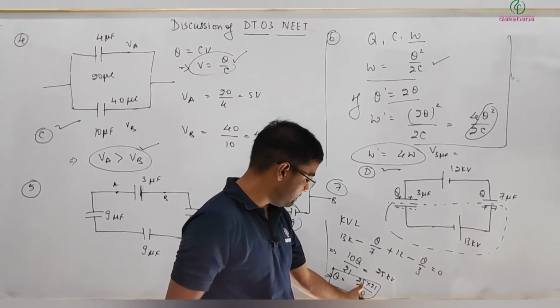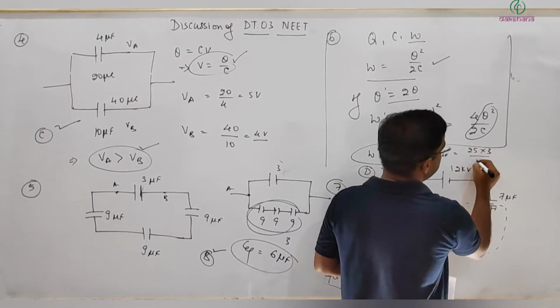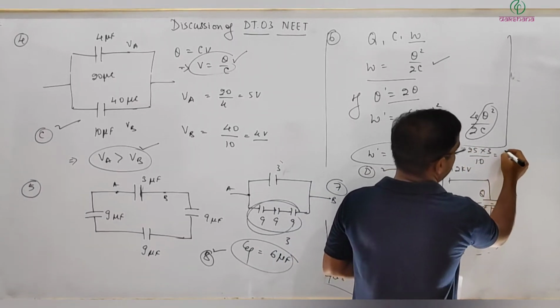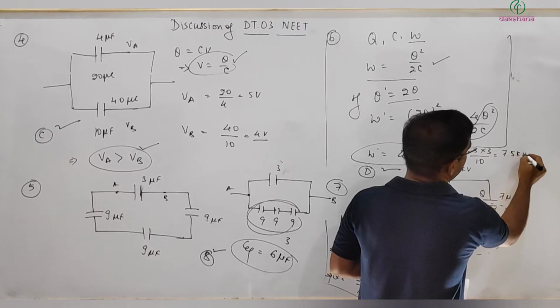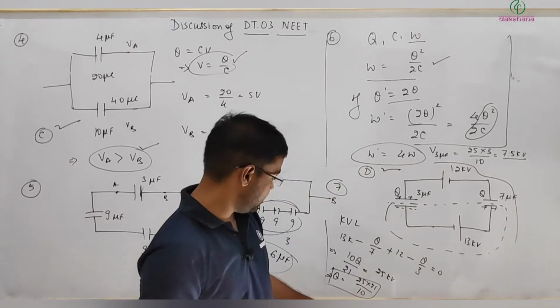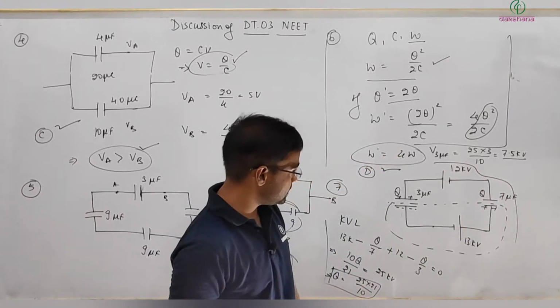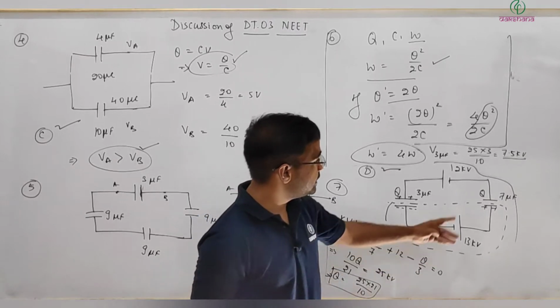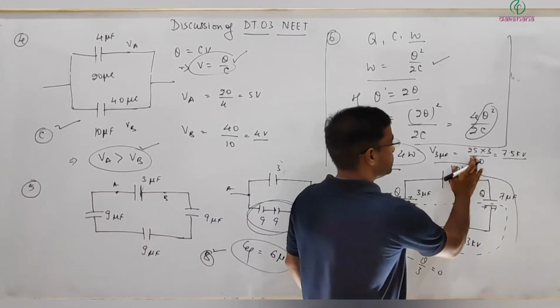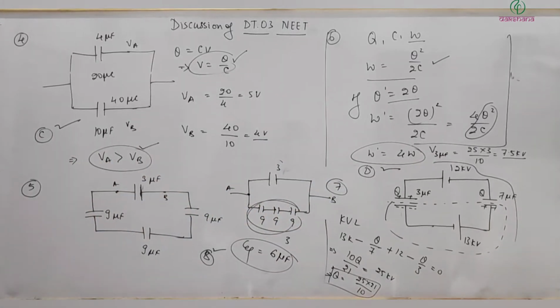Then it will be 25 multiplied by 3 divided by 10, which is equal to 7.5 kilovolt. And similarly, next is the 7 microfarad. Just wait, let me do the calculation properly.